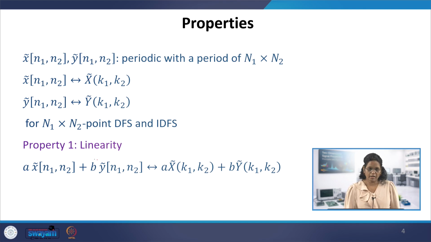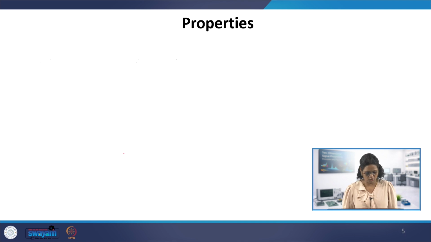So if we add two sequences and take a DFS, that would again be a summation of the DFS of the individual sequences. Also the scaling applies to it. So superposition and homogeneity properties are helpful to use in applications.